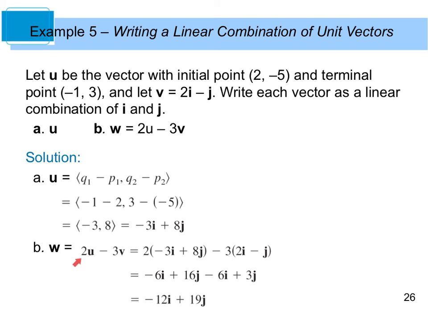So if I'm going to calculate w, I need 2u minus 3v. Well, we just found u in terms of i. So if I double that, I'm going to have a -6 plus 16. And here's my -6 plus 16. And my minus 3v. So my -3, my v is up top. So that would be a -6. And I got my -6. And that would be a +3. I got my +3.